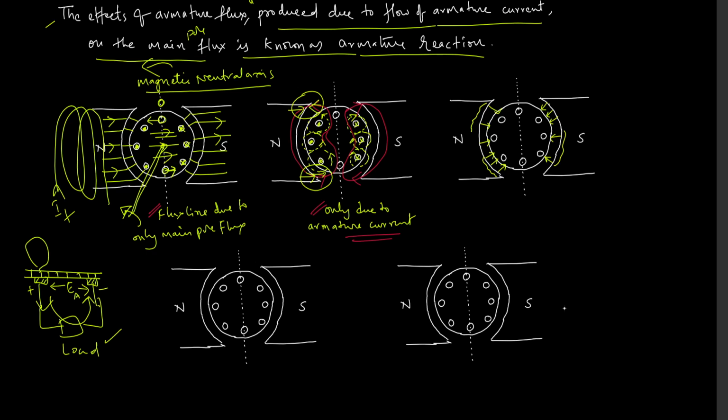So the flux lines are not straight but slightly tilted like this.